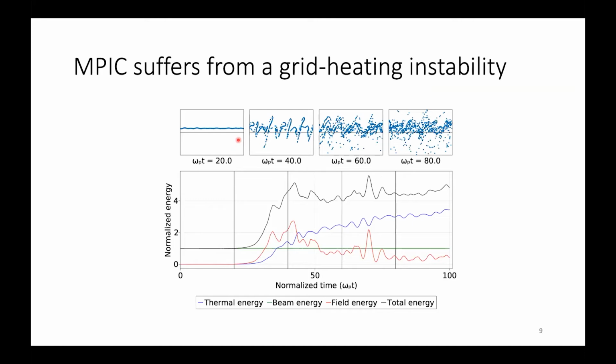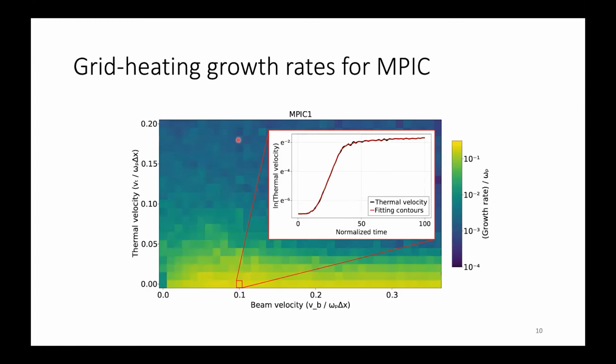And now we want to understand how this instability occurs across a wide range of parameters. So what we did was we varied the beam velocity of this electron beam, and we varied the thermal velocity, the thermal spread of those electrons in the beam. For both of these quantities, we normalized by the plasma frequency and the grid cell size.